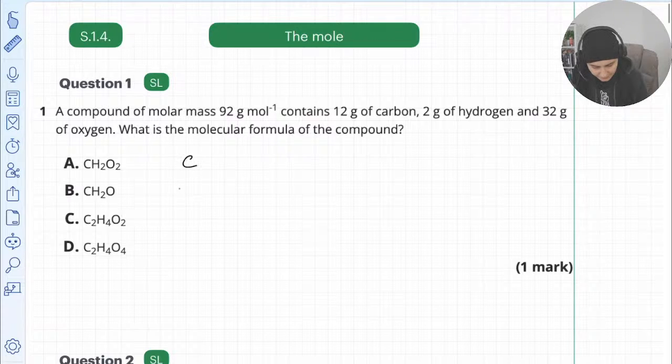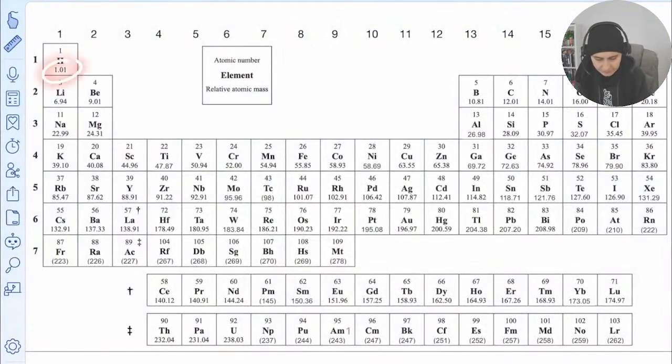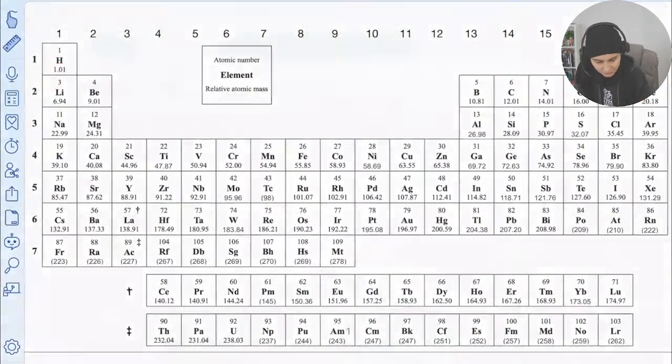Okay, so carbon is 12 divided by 12, so I'm converting all the masses into moles because my goal is to find the molar ratio of atoms. Okay, just double checking. All right, so carbon is 12 divided by 12, hydrogen is 2 divided by 1, where 1 is the molar mass of hydrogen, again rounding because it's a multiple choice question.